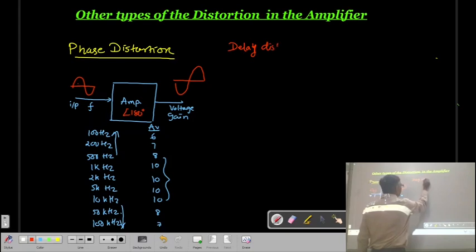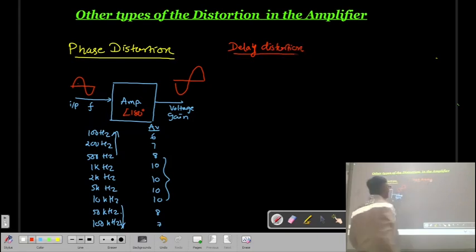It means when we apply the signal, after some time your signal is produced at the output. There will be a kind of delay in the output. So it is known as the delay distortion.